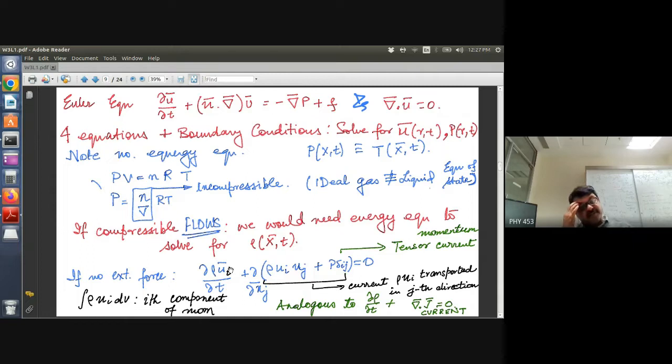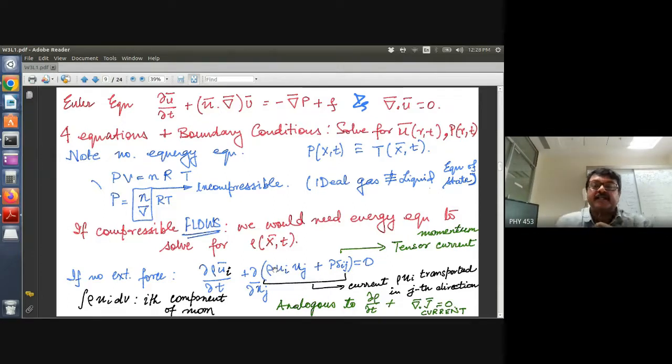So you could have three components of momentum which are flowing out in different directions. The X component of momentum can flow out in the X direction, and also in the Y direction, in ways that I showed before. And hence, instead of having a current, this quantity is a tensor.